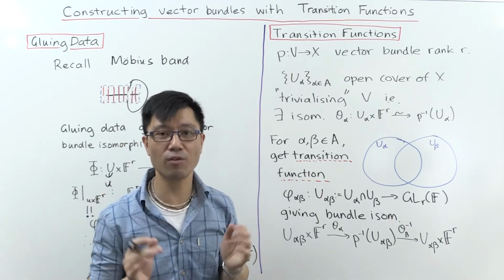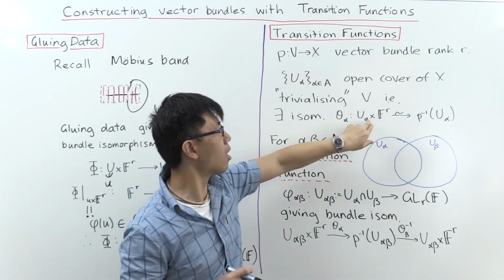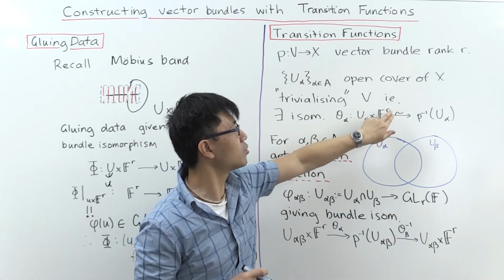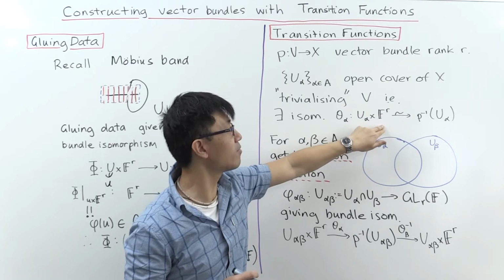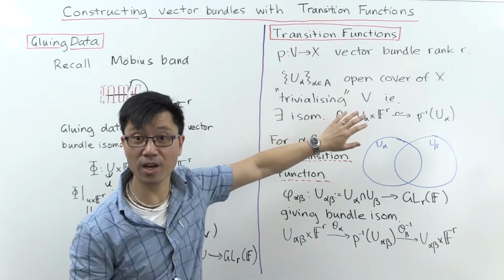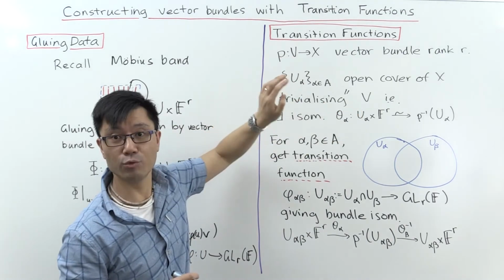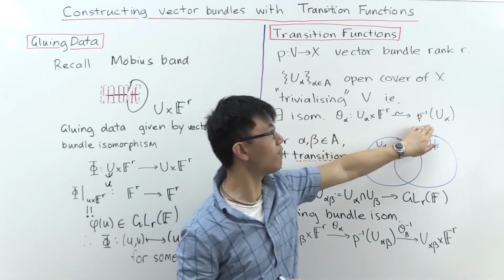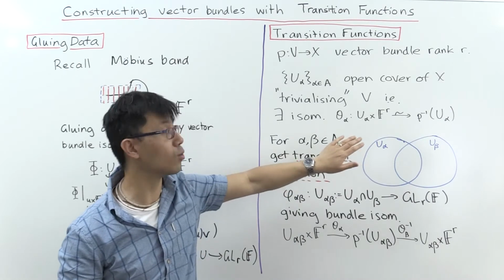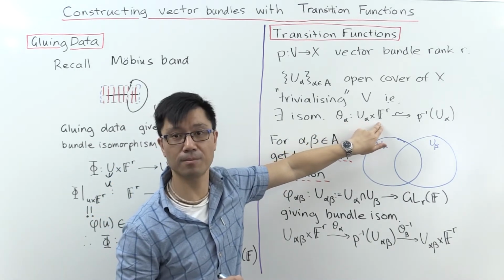So remember, to be a trivial vector bundle means that it's a product of the base space with F to some power, the rank of the vector bundle. So in this case here, for this open cover to trivialize X, it just means that for each of these U alphas, if you restrict this vector bundle to that U alpha and look at p inverse of U alpha, that's isomorphic to the trivial vector bundle U alpha cross F to the R.